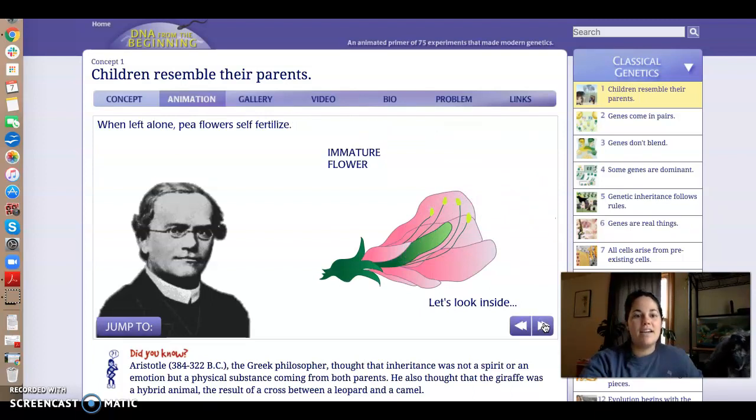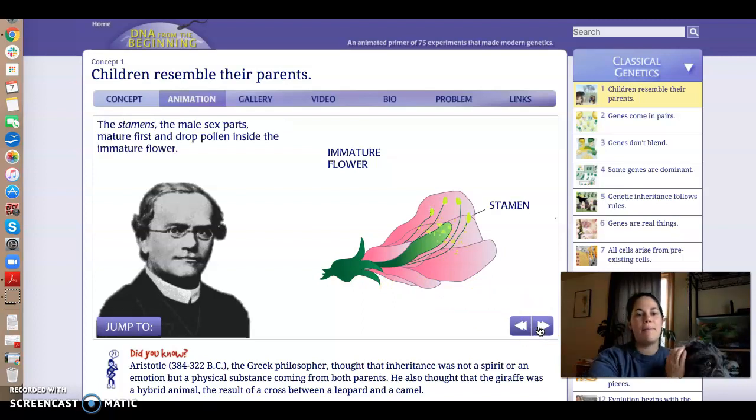I can see that he explains that when left alone, pea flowers self-fertilize. So that means that the male reproductive cells here in the pollen fertilize the female reproductive cells here in the stamen, and they create seeds, and those seeds then grow into pea plants identical to their parent.